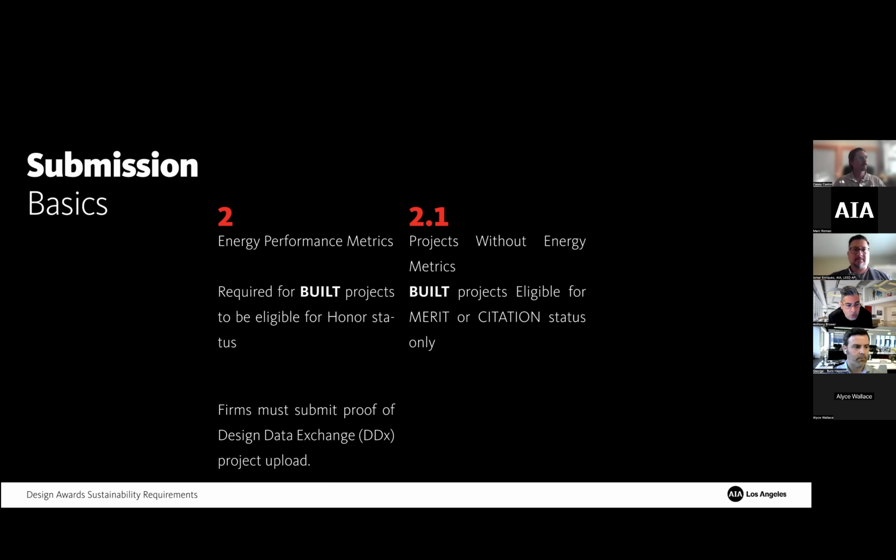And to qualify the metrics you're going to give us, we need you to also give us proof of that project submitted in the AIA DDx website. Projects without energy metrics, like I said, are only going to be eligible for merit or citation status. I got ahead of myself. So next slide.